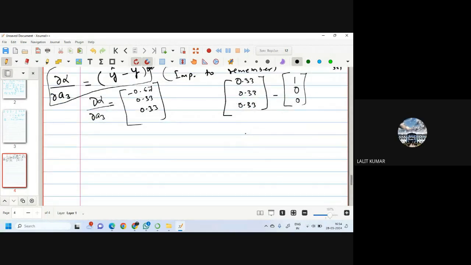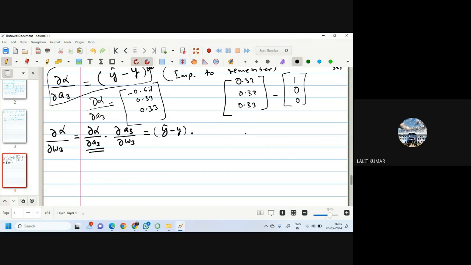So now del L by del W3 we can write down as del L by del A3 into del A3 by del W3. This we have calculated. This is y hat minus y.